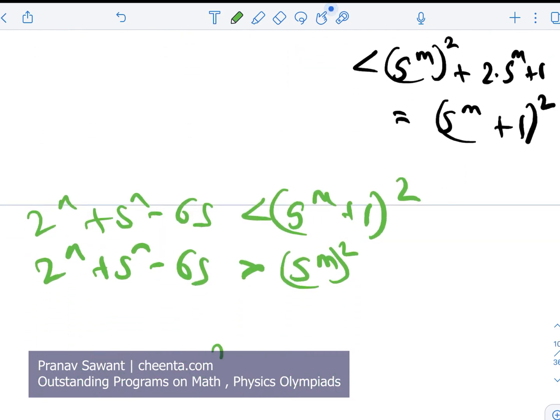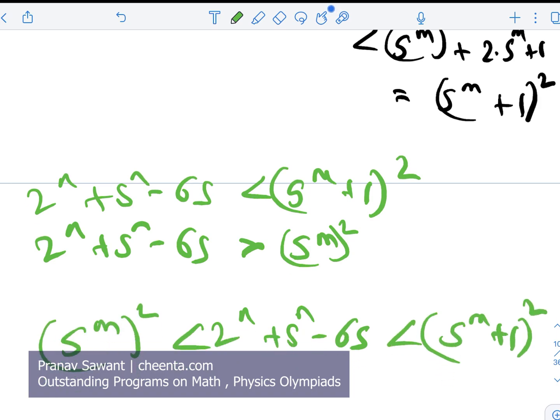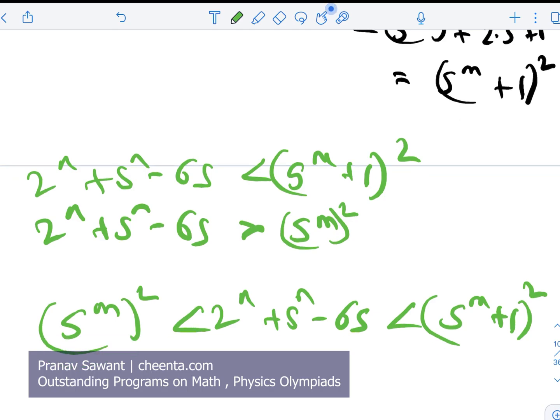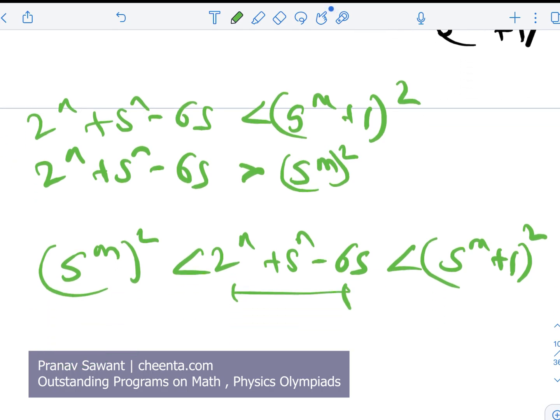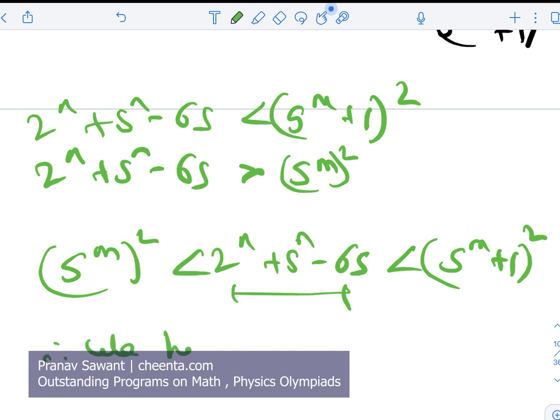Or in other words, it lies between two consecutive perfect squares, right? If you take 5 raised to power m as t, you can see that this quantity lies between two perfect squares, and therefore this can never be a perfect square. Therefore we have 0 solutions in this case, right?